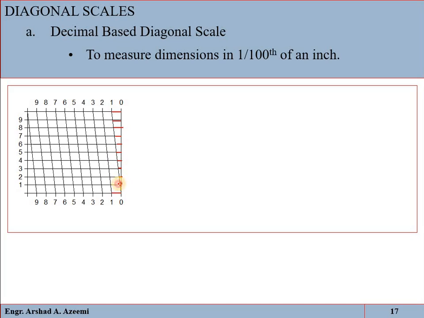This is the 100th part of an inch. See, now from here to here, this is 0.37: 0.1, 0.2, 0.3, 0.31, 0.32, 0.33, 0.34, 0.35, 0.36, 0.37.